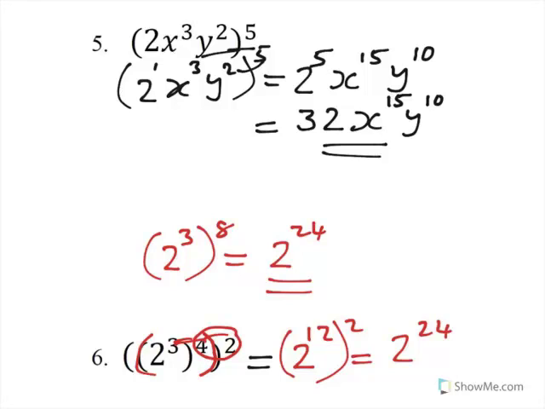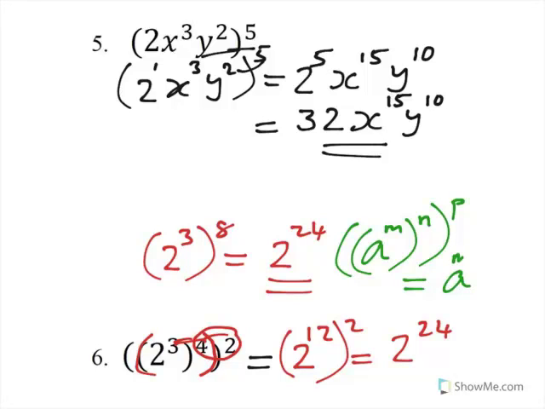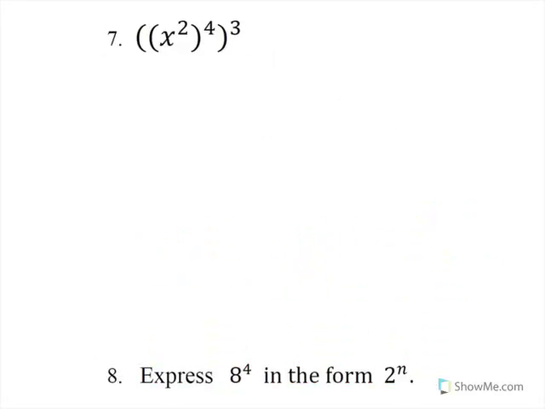So we're multiplying the powers together. So you could think of it as a to the power of m to the power of n to the power of p is a to the power of m times n times p. M, n, p. That's what we've done here. Okay? Again, pause and come back to it.